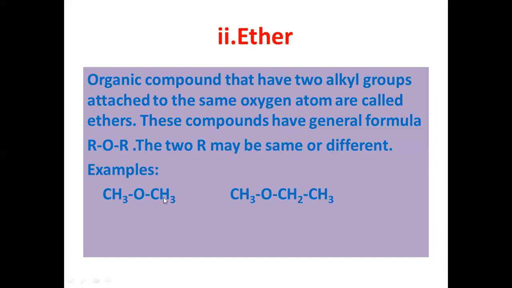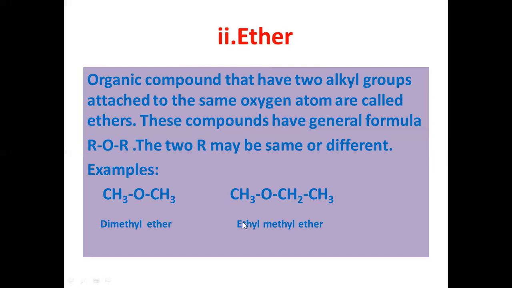So the name of this compound will be dimethyl ether. While in this case, at the left side, the alkyl group is a methyl group, and at the right side, the alkyl group is the ethyl group, eth for two carbon atoms, so ethyl group. The name of this compound will be ethyl methyl ether because you will follow the alphabetical order.